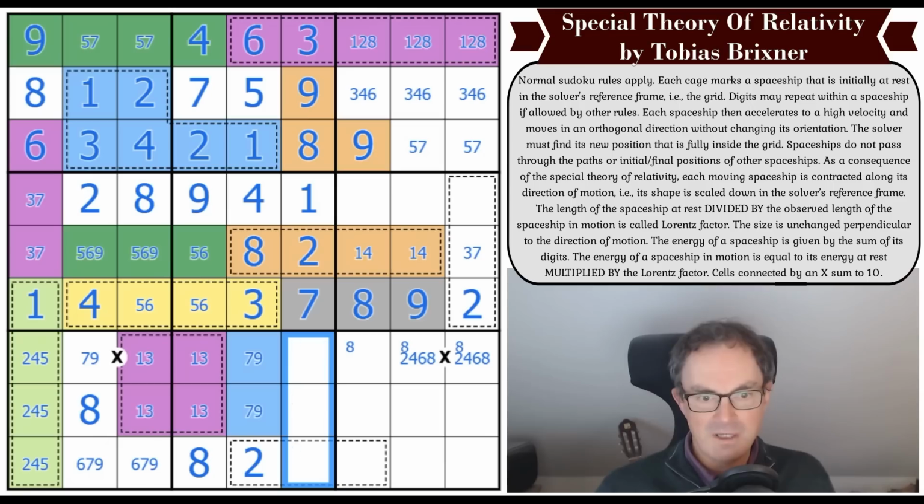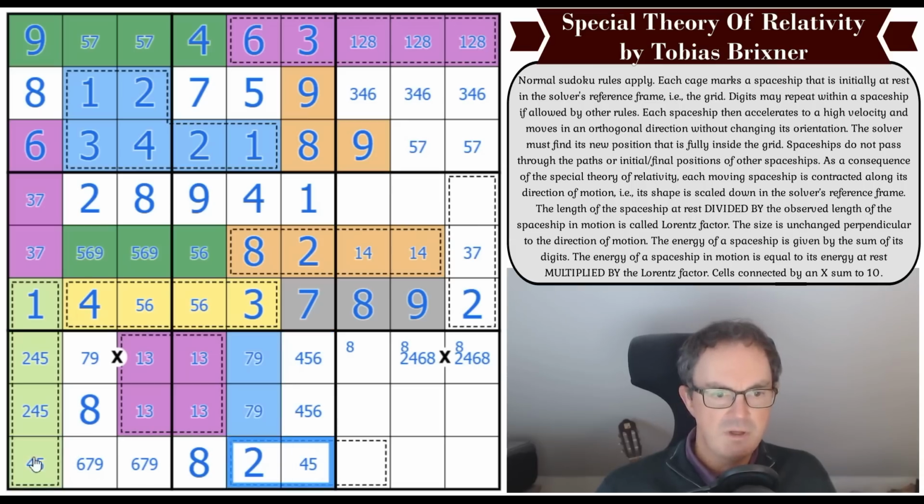Okay, these are 4, 5, and 6. But we know that's not 6, I think, from this. Okay, so have we now... That's not 2. 4, 5 pair in the bottom row.